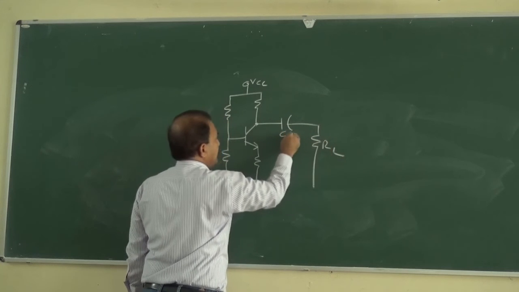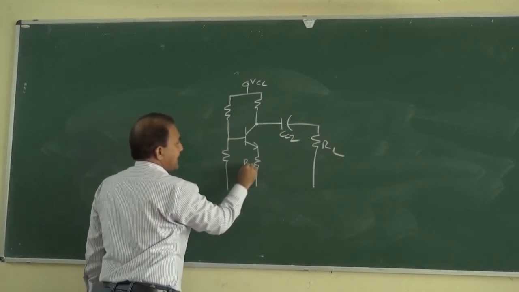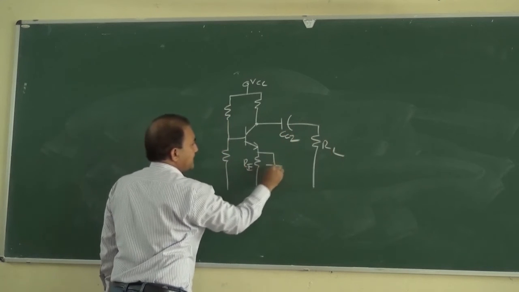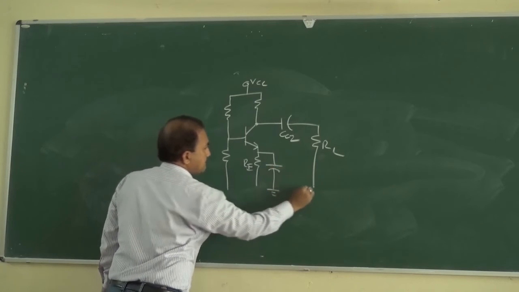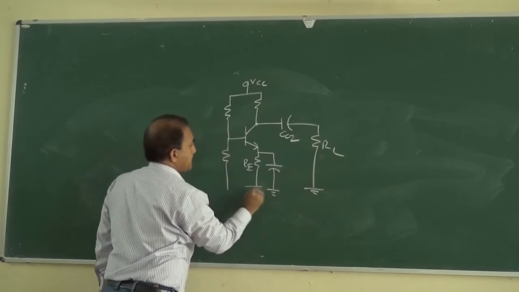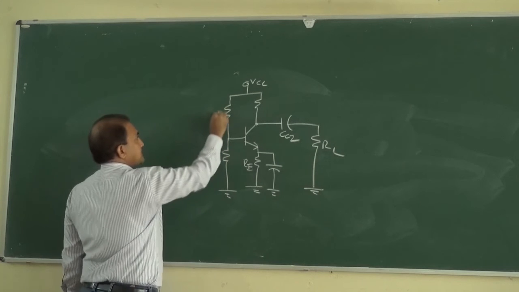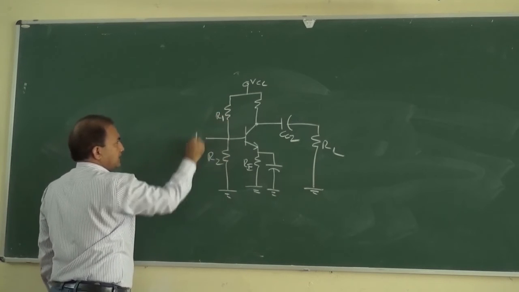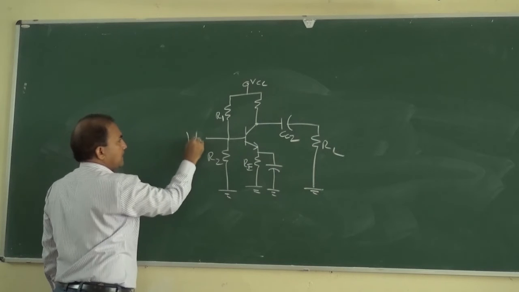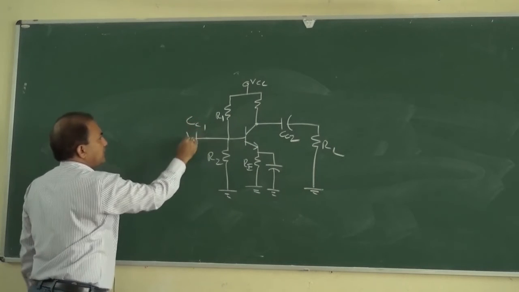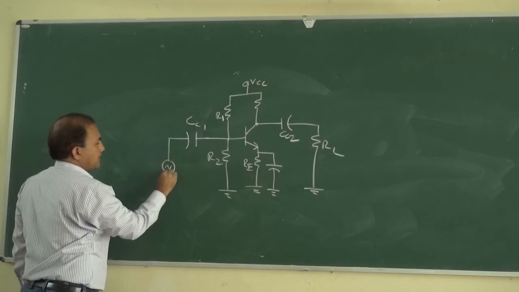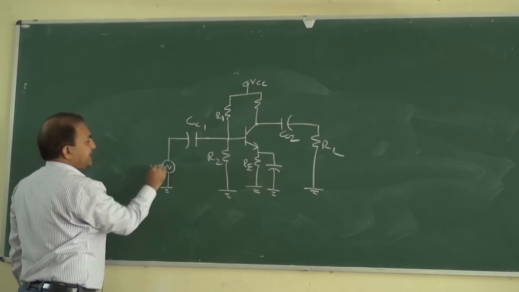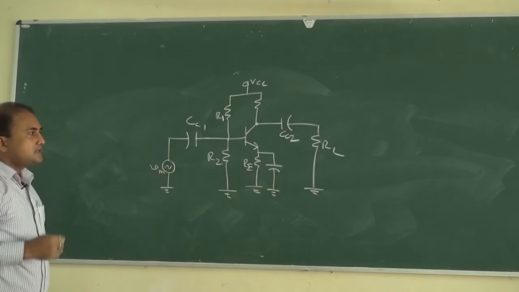This is RL, this is coupling capacitor 2, this is RE and the emitter bypass capacitor. This is R1 and this is R2, and this is coupling capacitor 1. This is Vin.